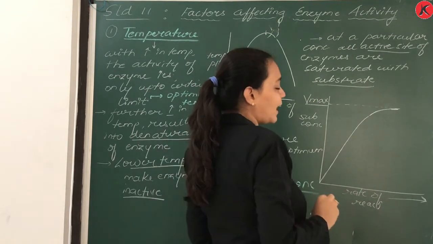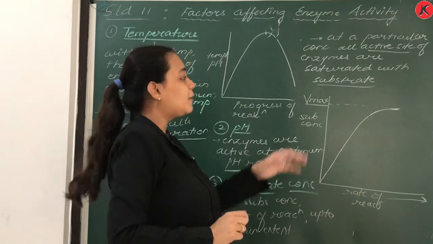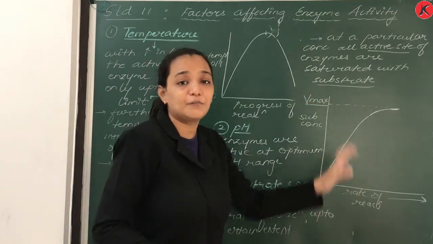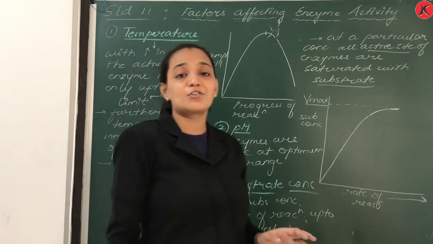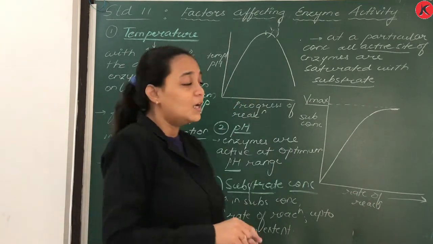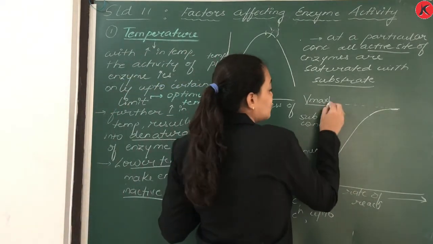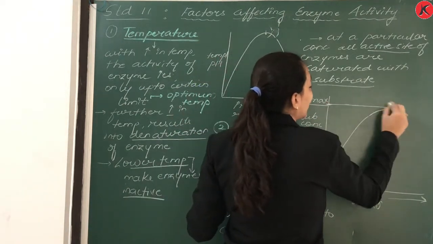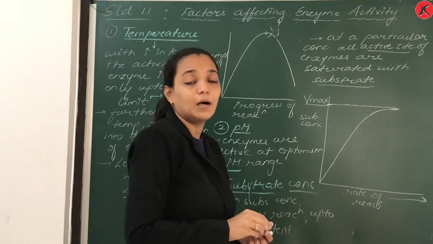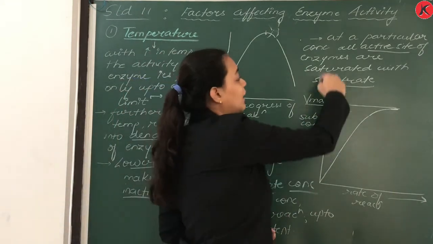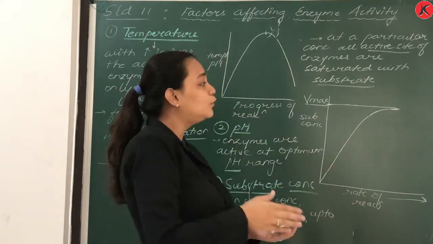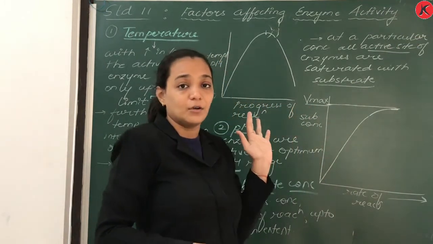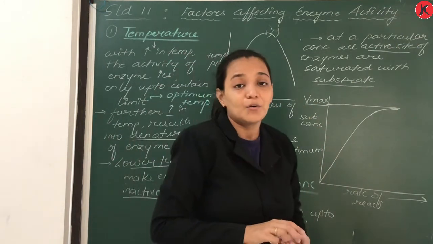is called Vmax. What is known as Vmax? Vmax means the substrate concentration at which the rate of reaction is maximum. At a substrate concentration at which the rate of the reaction has become maximum, an increase in substrate concentration will no longer result in an increase in the reaction, okay, that is known as Vmax.